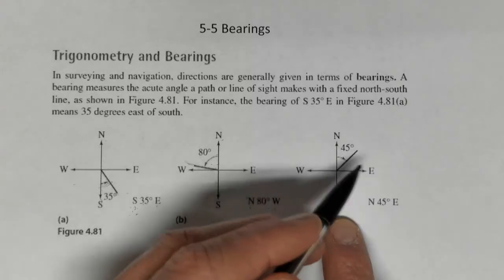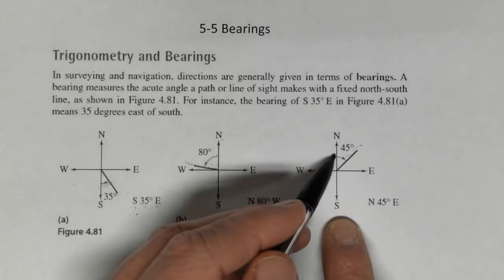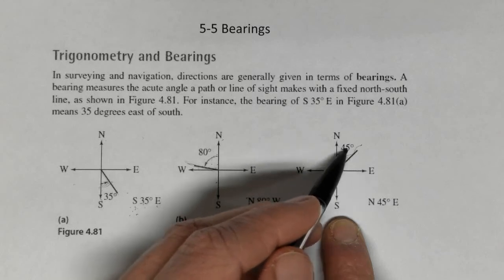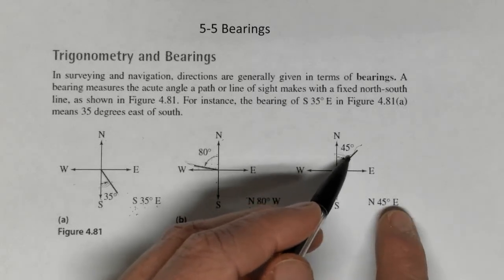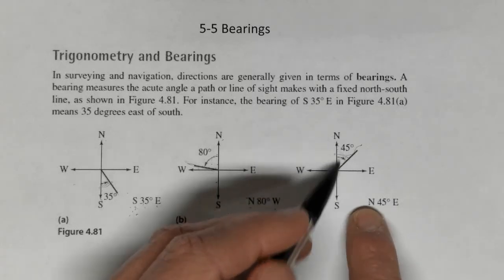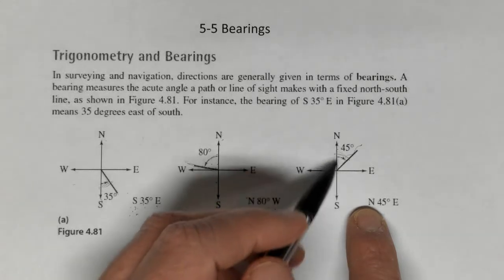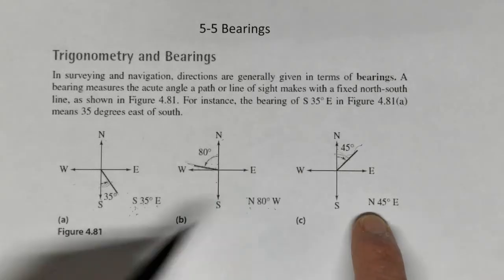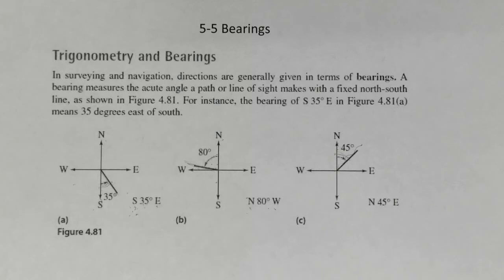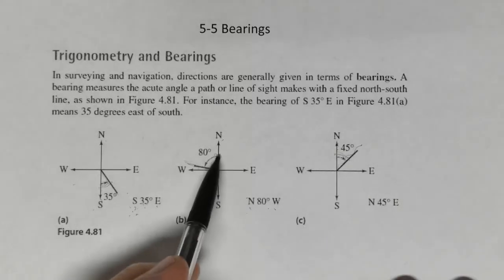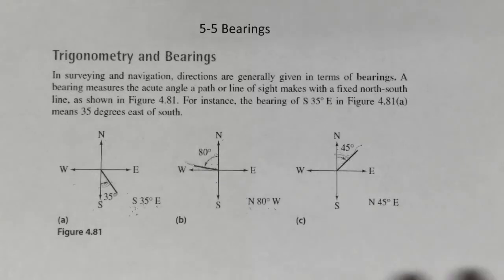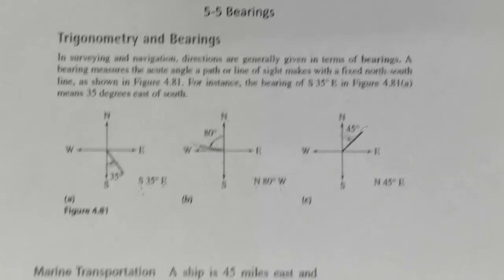Another example: if we're traveling this direction, and this is 45 degrees, that would be 45 degrees east of the north line. So north and south will always be listed first, and then it's however many degrees east or west of the north or south line that you write out.